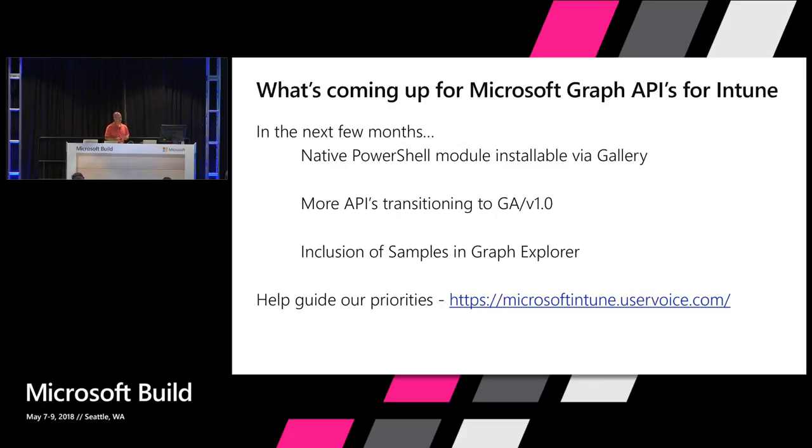The last thing that I'll say is on UserVoice. If you haven't had the opportunity to take a look, UserVoice is where we collect a lot of information from our customers about what they want to see changed in Intune.